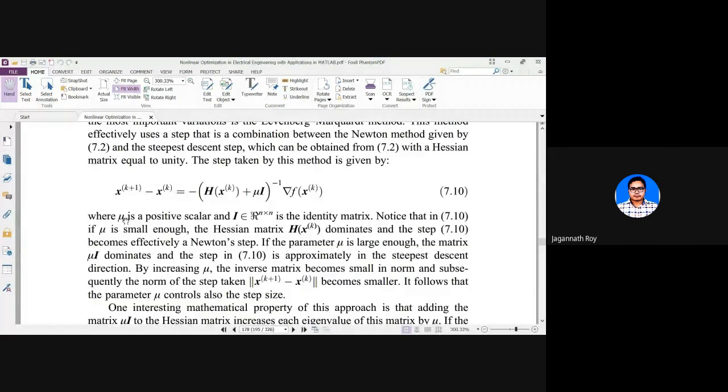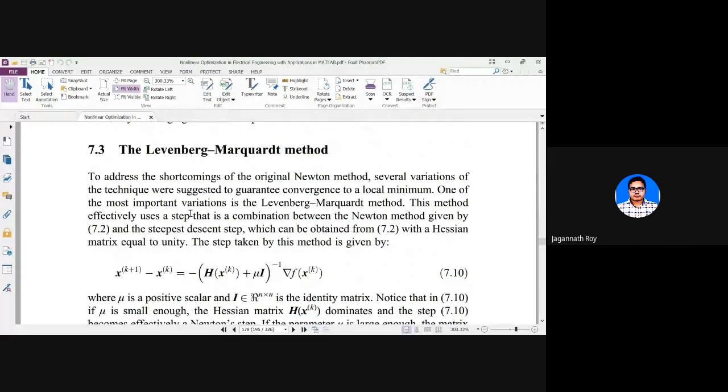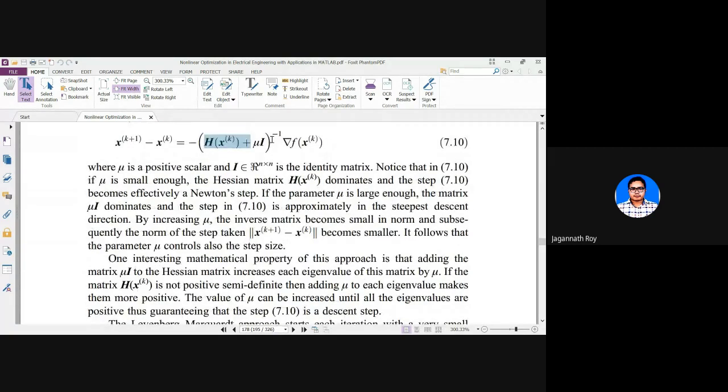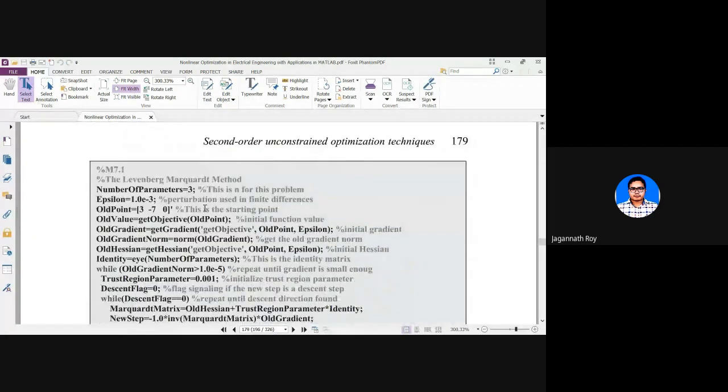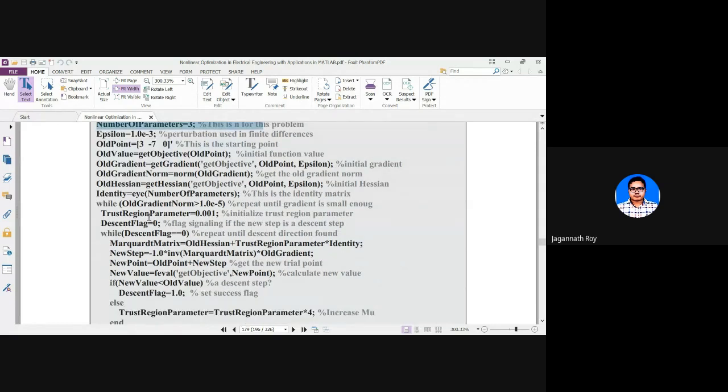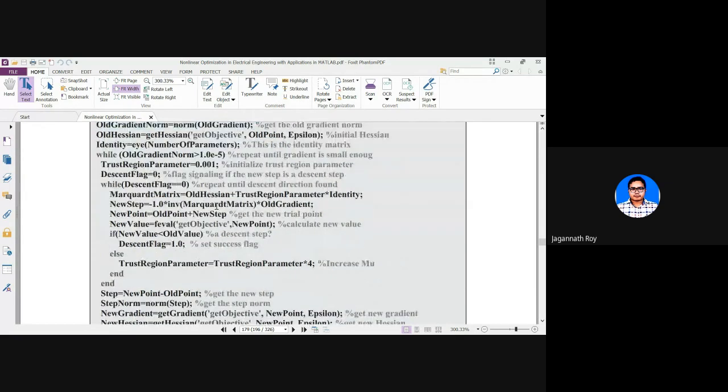So the Levenberg-Marquardt method is already discussed in the last class. You can find this MATLAB code. You have to debug this code. You have to set up the code according to your problem.